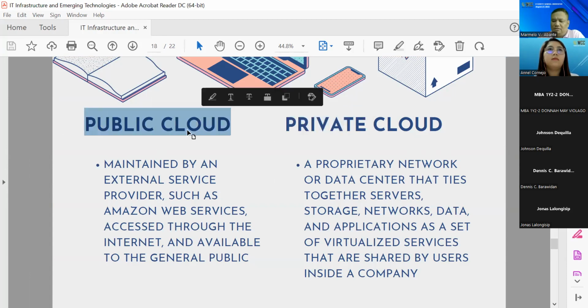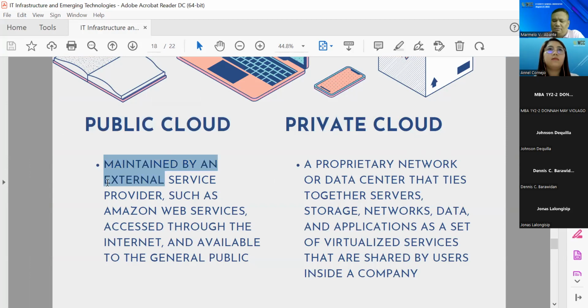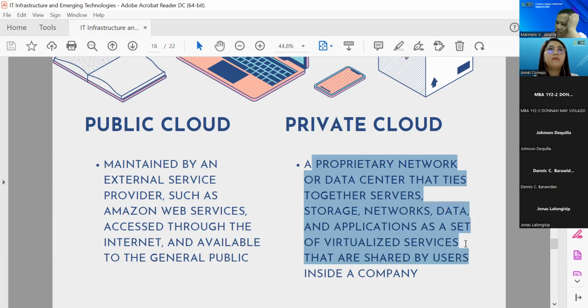So public cloud is maintained by an external service provider such as Amazon Web Services, accessed through the internet and available to the general public. While a private cloud is a proprietary network or data center that ties together servers, storage, networks, data, and applications as a set of virtualized services that are shared by users inside the company.